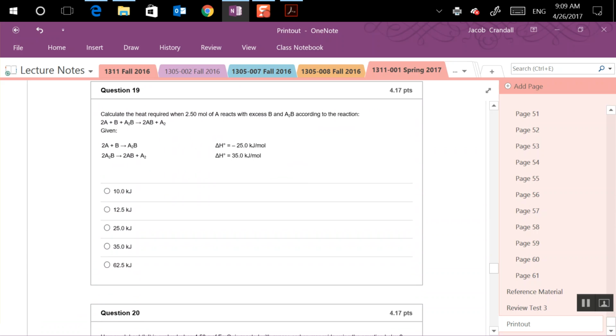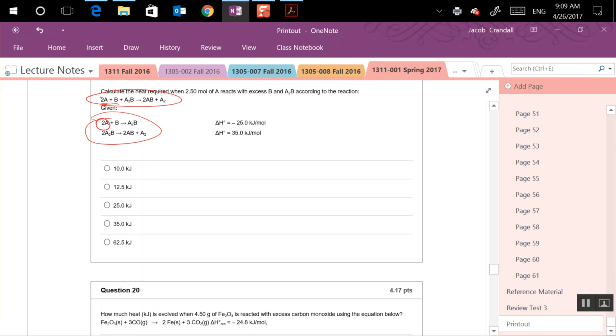Okay, so here what we want to look for is what do we have to do to these reactions so that it'll match this reaction, right? So we have 2A, that matches. B, that matches. A2B is in the wrong place on this one.